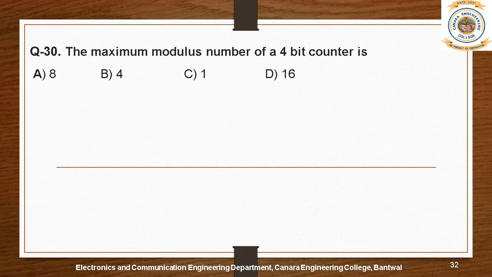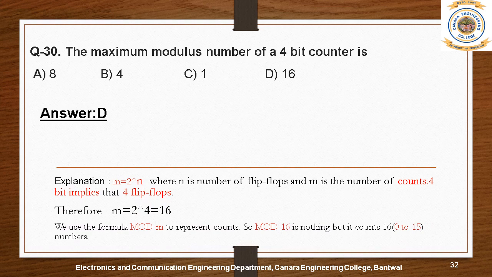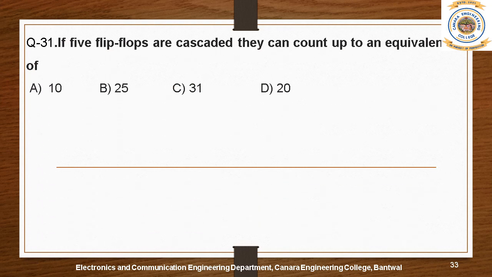Next, maximum modulus number of 4-bit counter is, how many modulus is required? 16. Obvious, it is 2 to the power 4. 2 to the power 4 is 16. Next, if 5 flip-flops are cascaded, they can count up to what?